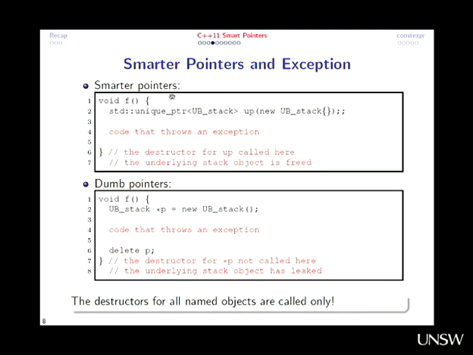With the smart pointer up here, okay, so we're going to the top of the slide, unique pointer at this point. We don't have any delete. If we have any code that throws an exception, that's fine, because this unique pointer object has ownership over the unnamed object that's in here.